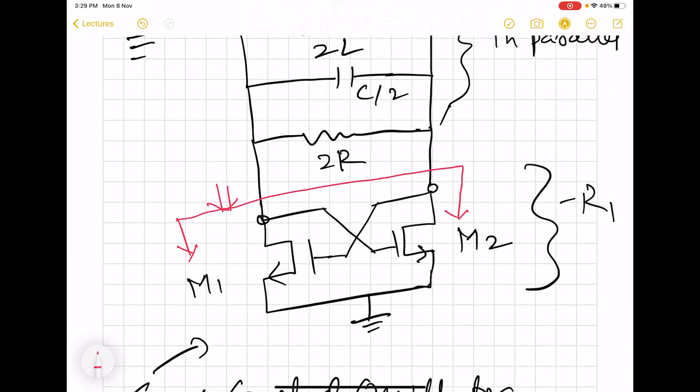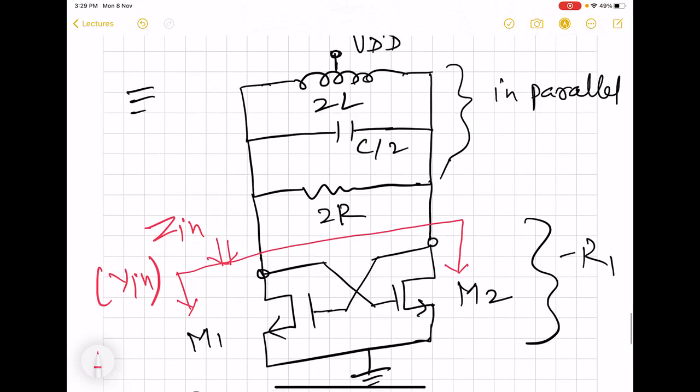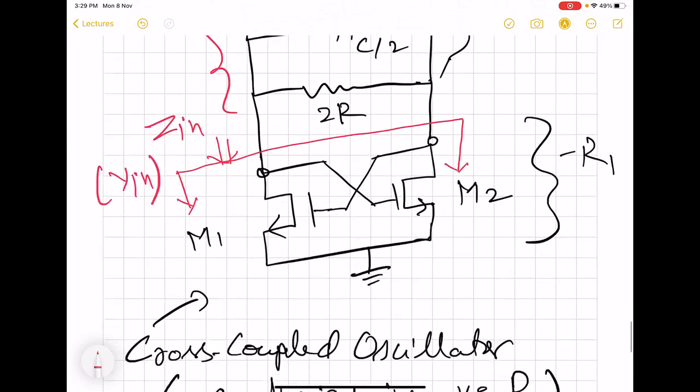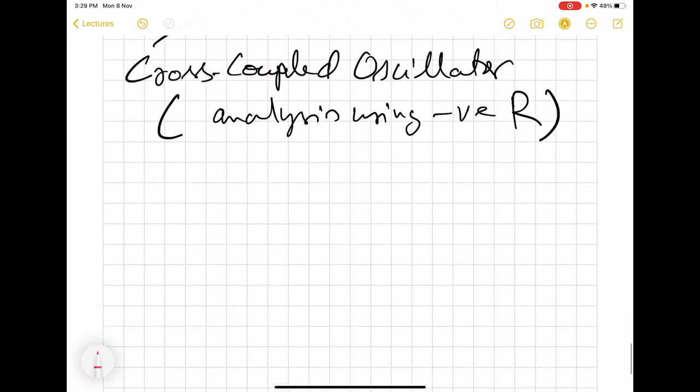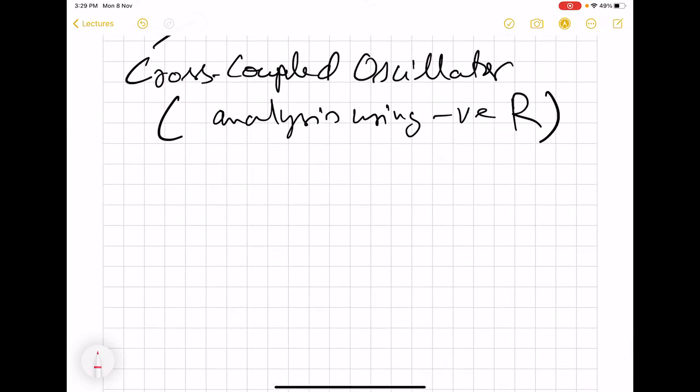So we have to now find out what is going to be Z in or equivalently Y in, and then combine that Y in with the Y in of these three elements and set it equal to 0 to find out the oscillation requirement. So we now want to know Z in or Y in.